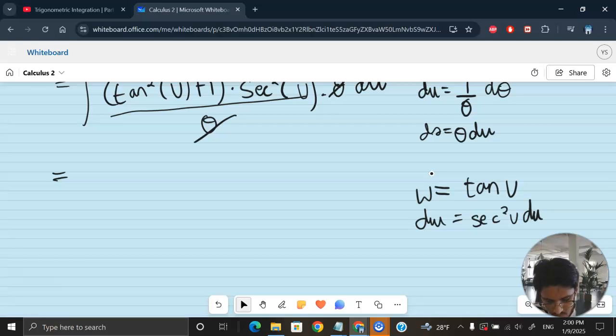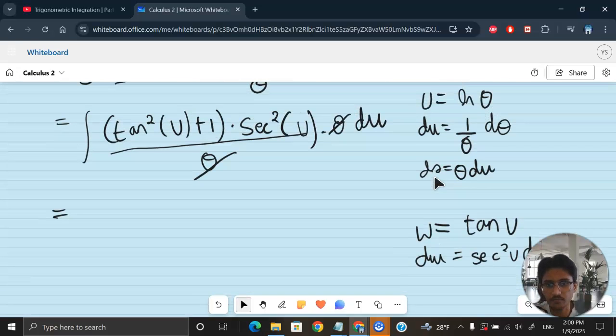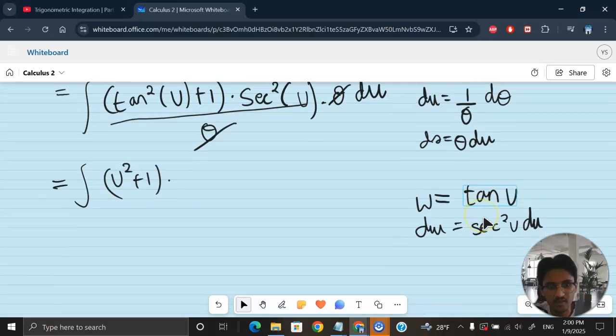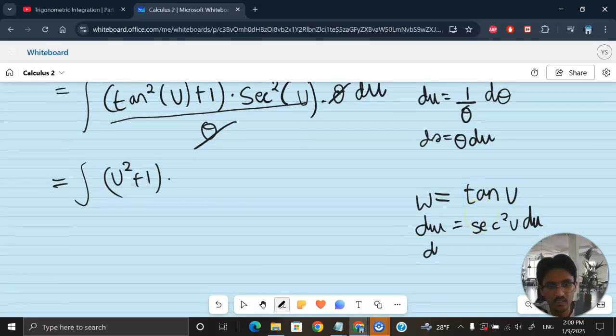So what is our next step going to look like? We're going to do the sub for tangent, so it's going to be w squared plus 1 times secant square u du, which is equal to dw.